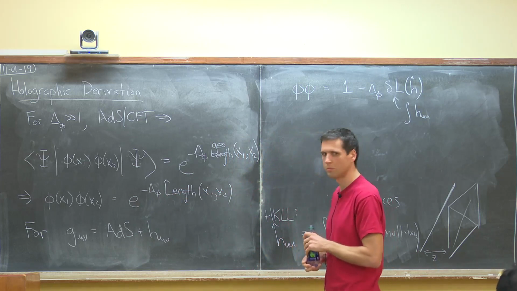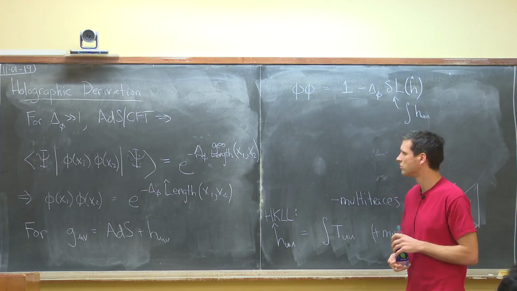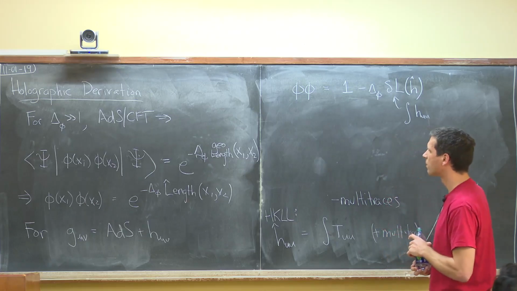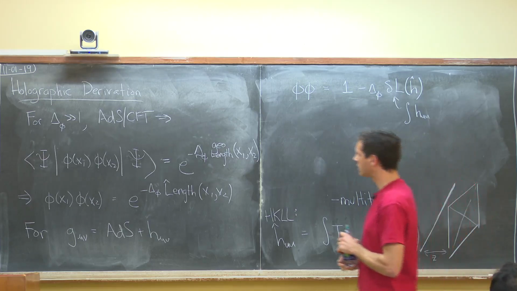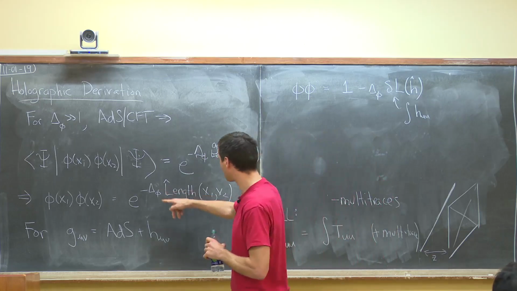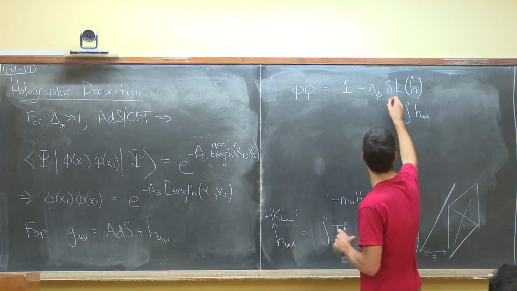So 1 over C, right? There's 1 over C in the OPE of phi. Delta phi divided by C. That's in the length. Yes. I guess I've probably set an AdS length to 1 in one of these formulas.